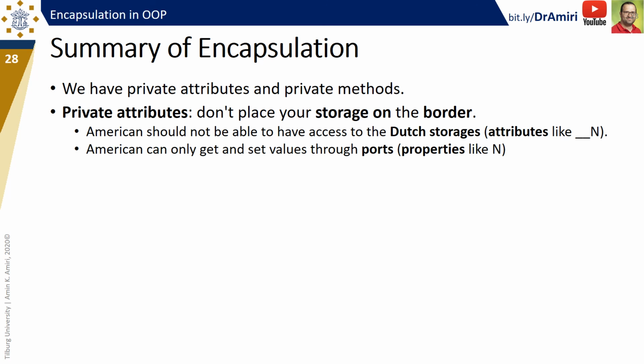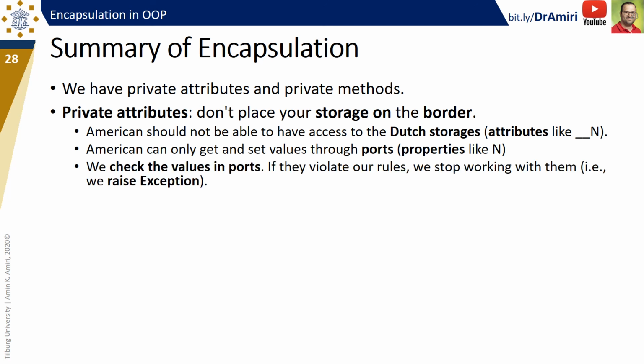We do that so that we can add properties that act like a port. These ports will have customs and they don't allow anything invalid to be stored in Dutch territory. So we check the values on import. If something goes wrong, if the values are against the validation rules, then we raise an exception.